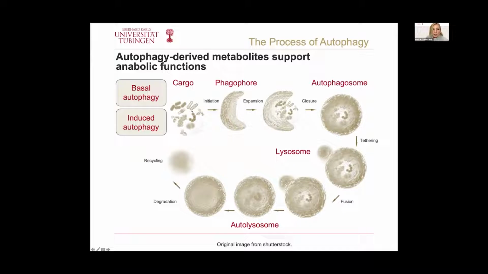So here you see the cargo material that becomes sequestered in a membrane that is built de novo in close proximity to existing membrane systems, expands and sequesters the cargo and closes up to build a double membraned autophagosome. And the autophagosome then fuses with lysosomes to acquire acidic hydrolases, because they're important to break down the cargo. And eventually the material can be used for recycling purposes.